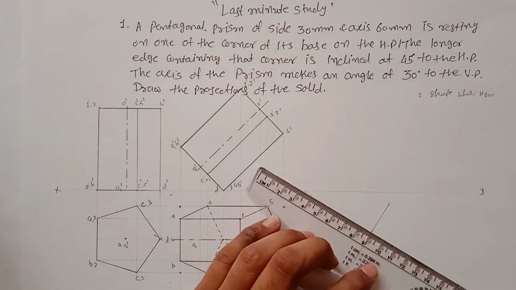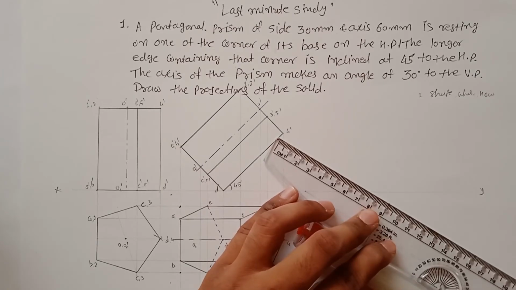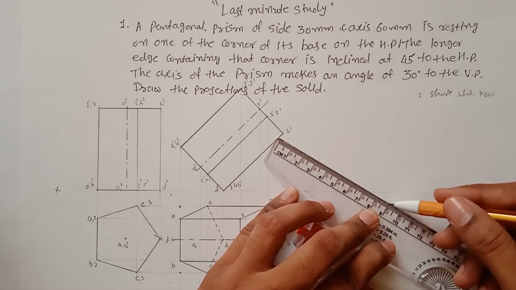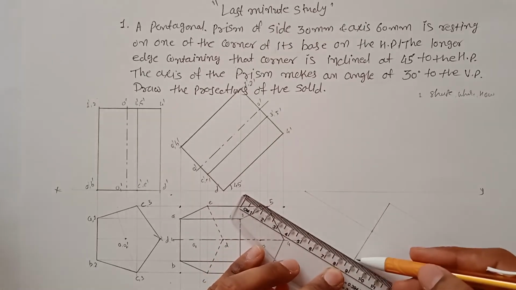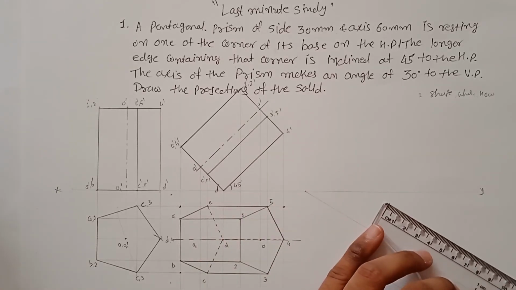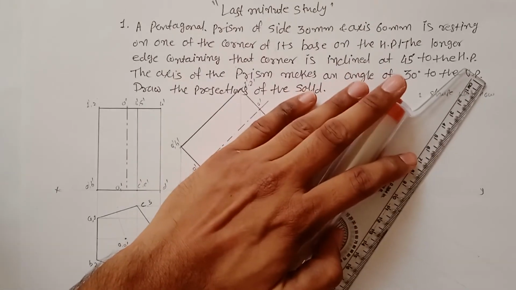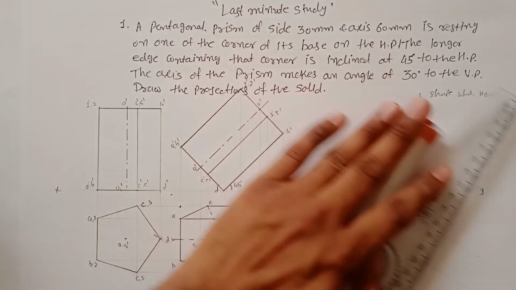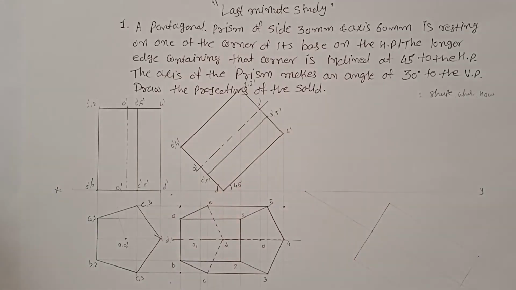So draw a parallel line from this, which is at 7.4. You have to draw it very lightly. And then complete the rectangle.